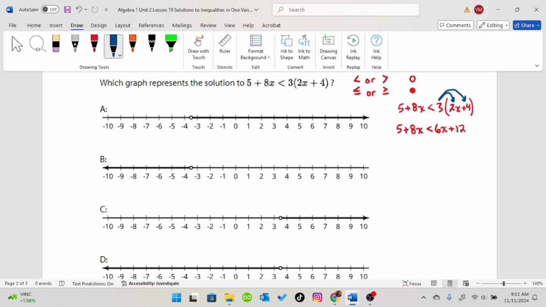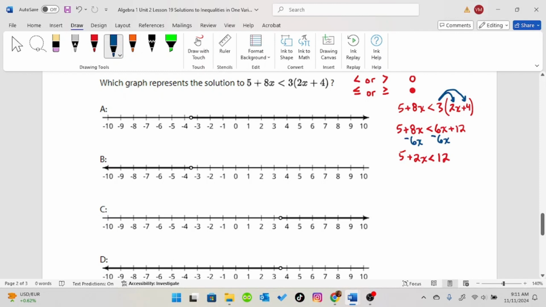Just like before, I want to keep a positive x, so I'm going to subtract the smaller x from both sides. So we're subtracting 6x. 8x minus 6x is 2x. 6x minus 6x is 0, so the x's go away.